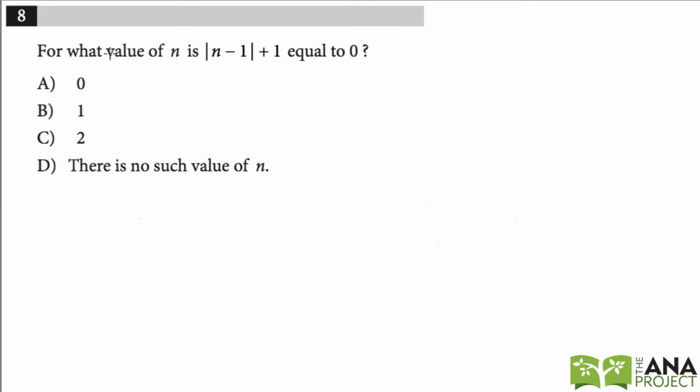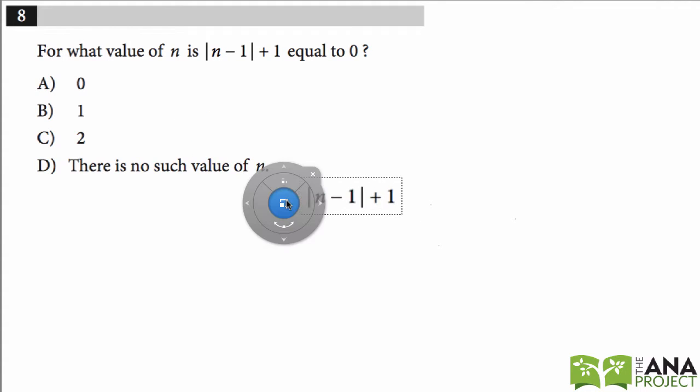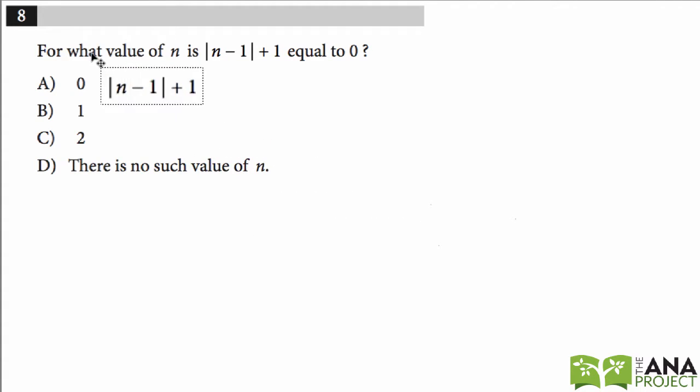For what value of n is the absolute value of n minus 1, plus 1, equal to 0? This is a perfect time to actually use the answer choices and work backwards. So I'm going to copy this here.